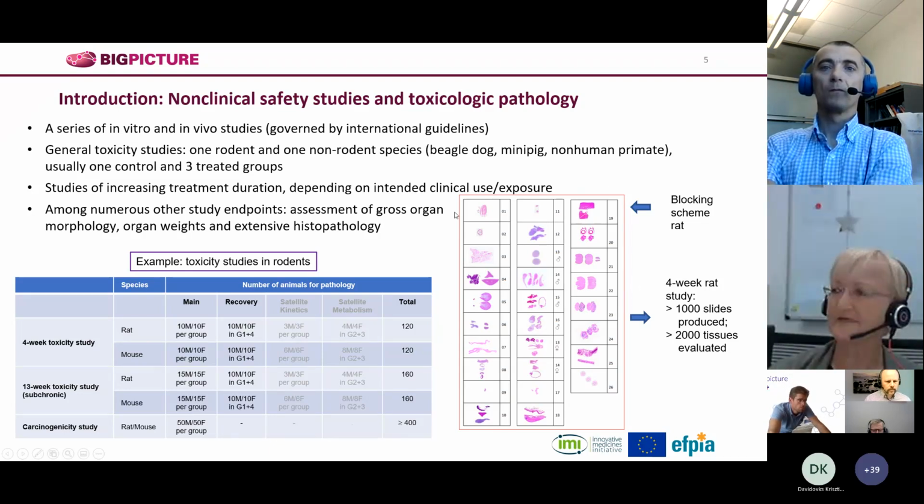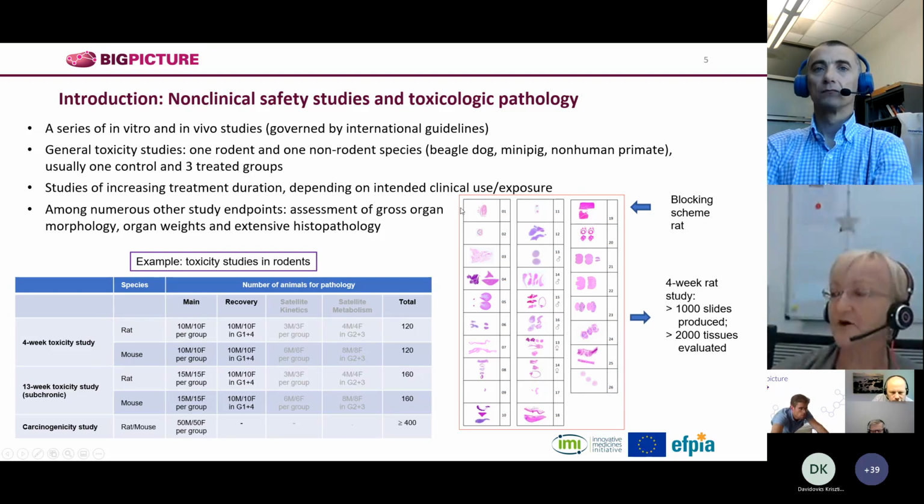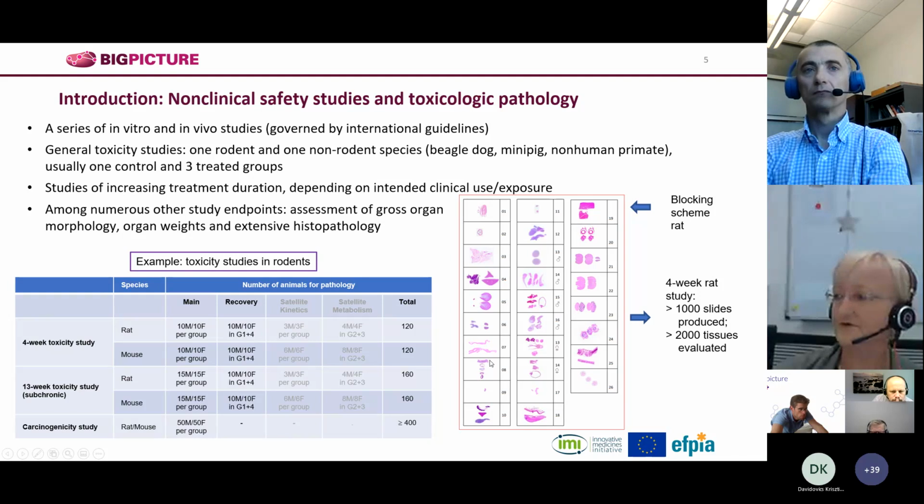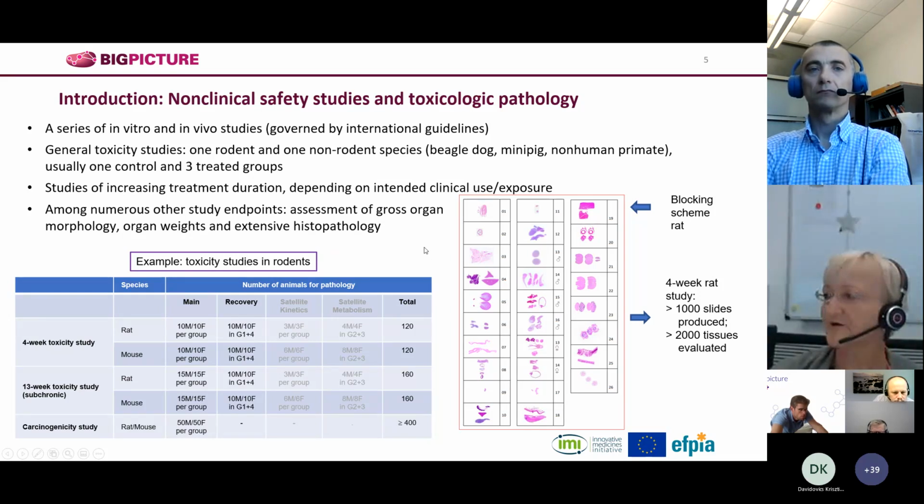Here you can see a slide tray with something like 25, 26 slides per animal, a rat here, and all the organs contained on these slides. So you can see that on the one hand, for some organs, like here is the brain, we have several sections per organ.